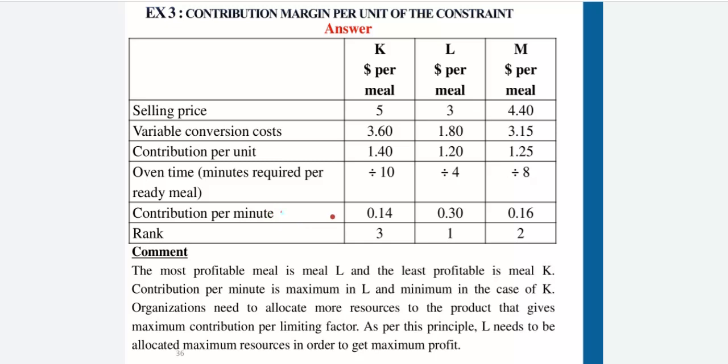So the first one is what? I need to sell most of meal L, because per minute I earn 30 cents here. Then M will be number 2. Then K will be number 3. So my first choice will be L, then M, then K.